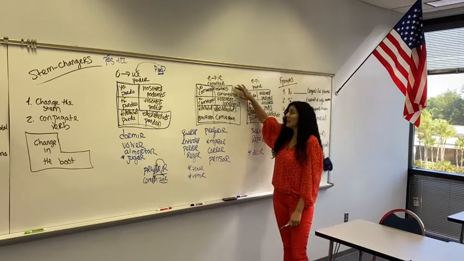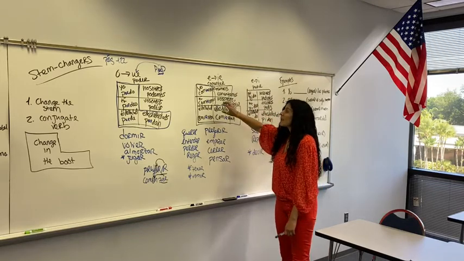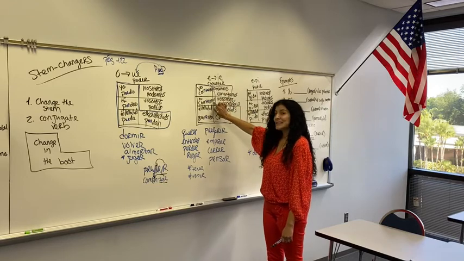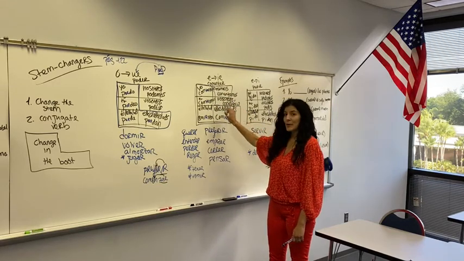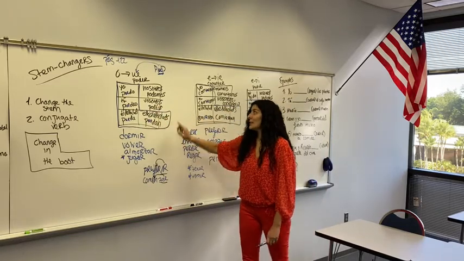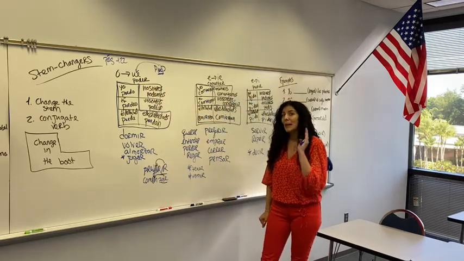So that means if it's a nosotros or a vosotros form, it does not stem change. But what does that mean? It ends in an AR, so I've had to add AS, AN, ÁIS, AMOS, as opposed to here, where it ends in an E. These all end in E because that's an ER verb. So those rules still apply.